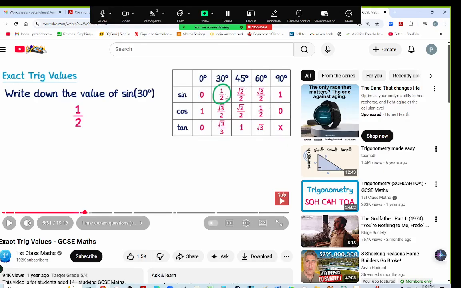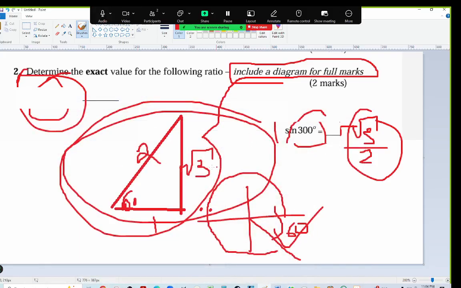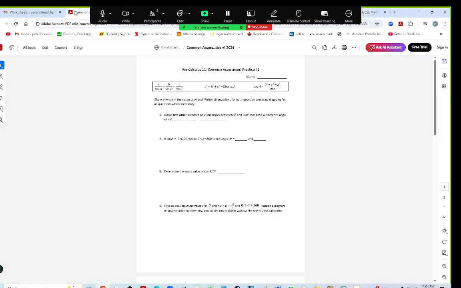I recommend it: if you have to draw a special triangle, mark down the values and fill up this table, and that way you don't have to keep drawing the special triangle. Also page through any exam you take, because sometimes he gives away information in later questions. You might ask him, do I have to draw the triangle? And he'll say, yeah, you do. Okay, let's go to the next one.